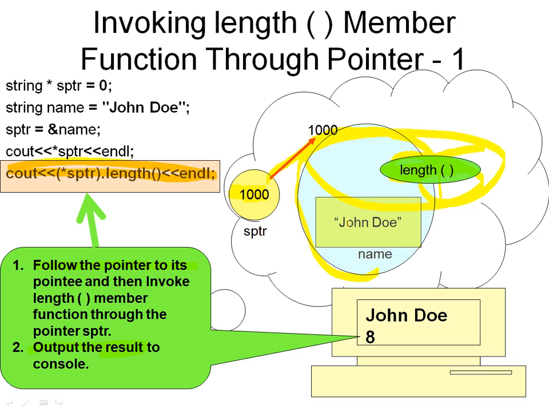So the length function will basically count the number of characters in this string here, which is 8, and it's going to print that 8 to the console. Okay, once again, this thing here is the alias. The dereferenced value of the pointer is the alias for the object. This is my object. Okay, asterisk sptr is another name for this object called name.